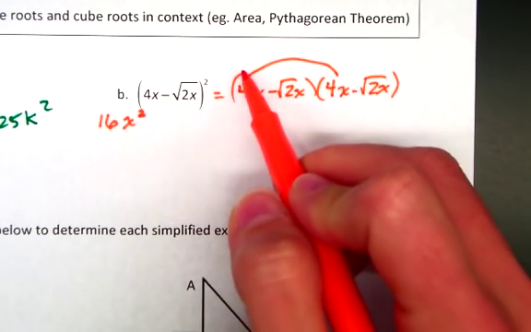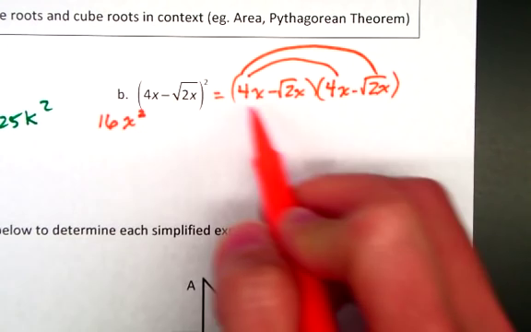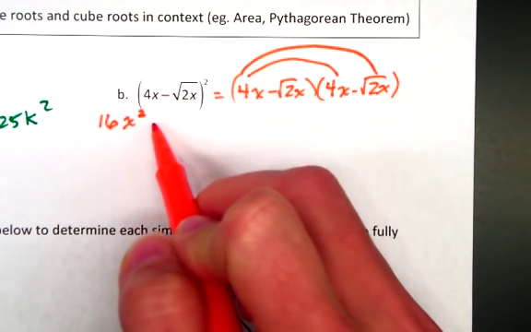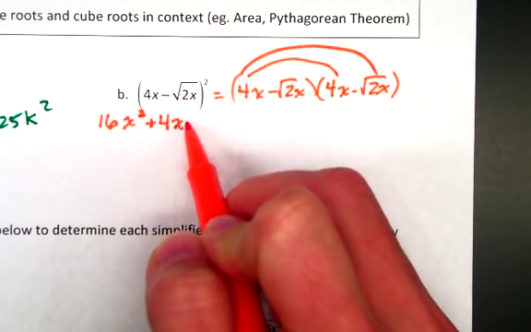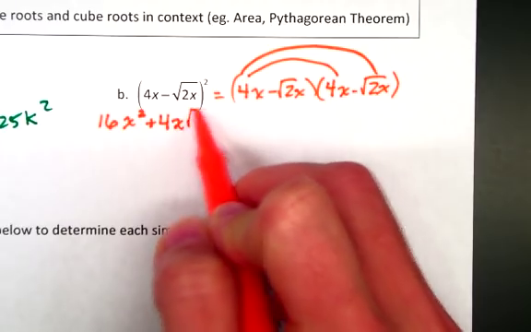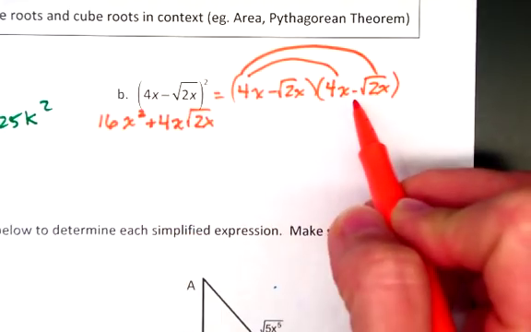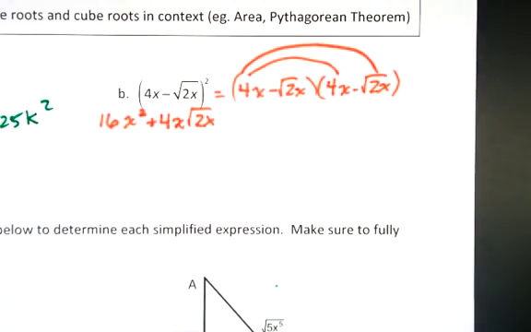And then we have here 4x times root 2x is going to be plus 4x root 2x, but notice I have this minus here, so that should really be negative. Let's see if I can fix that really quick.